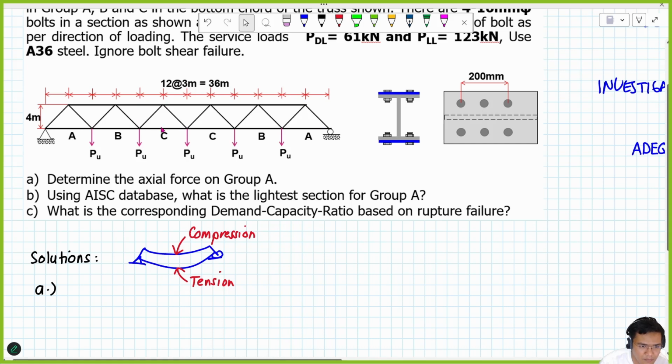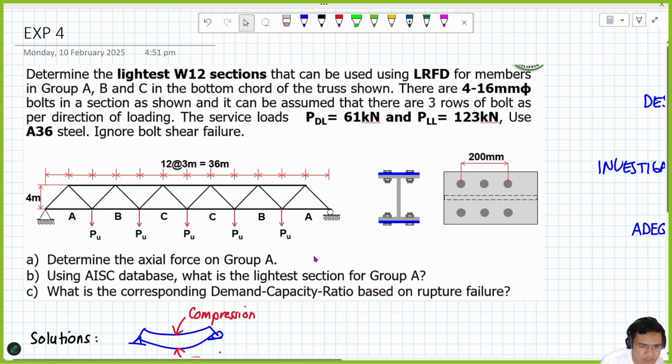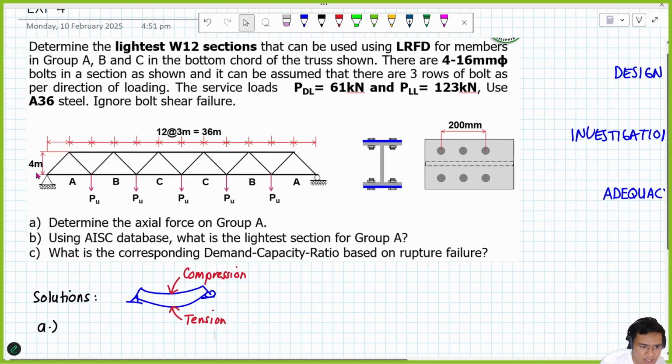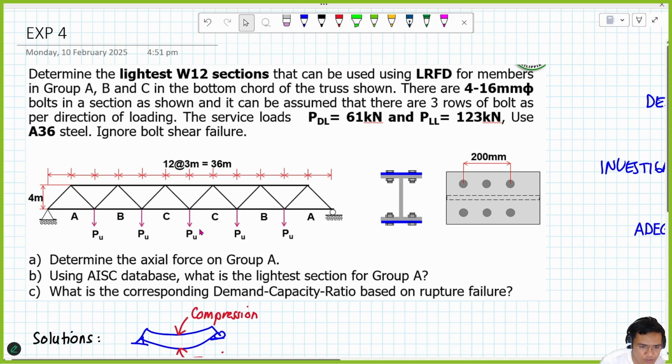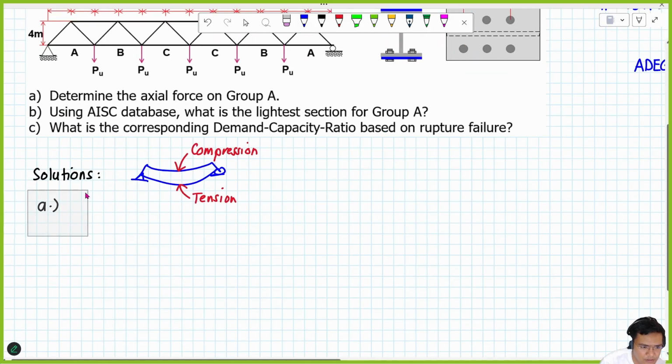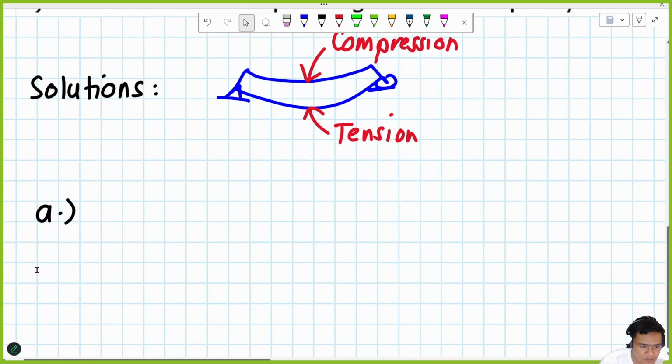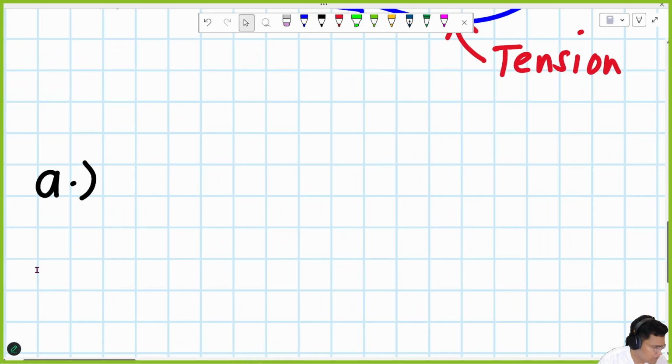But most likely, as I have discussed, itong bottom chord would be under tension. Yung tanong dito is, i-design natin basically si group A. So, first step, i-define muna natin yung actual force na-apply dun sa group of member truss na yon. Okay? So internal force, or axial load.